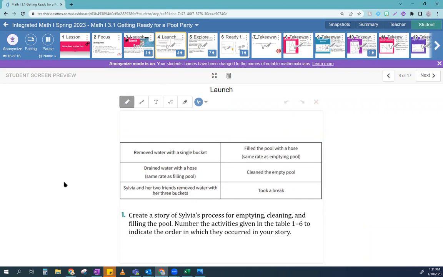She removes water with a single bucket, and she drains water with a hose, same rate as filling the pool. And then Sylvia and her two friends removed water with her 3 buckets, and then filled the pool with a hose, the same rate as emptying the pool, and then cleaned the empty pool, and then she took a break.